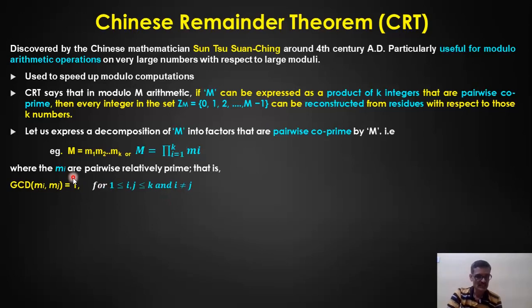Where each mi is a pairwise relatively prime number, that is, GCD of mi and mj should be equal to 1. So they are relatively prime or co-prime numbers, where i is less than or equal to j, less than or equal to k, but i is not equal to j. There is a slight mistake in this condition.